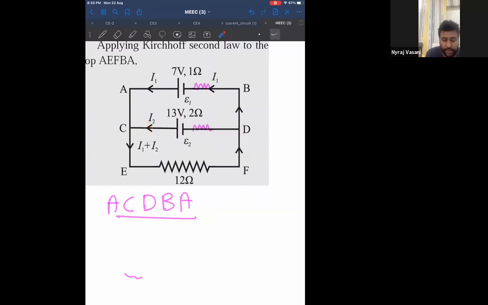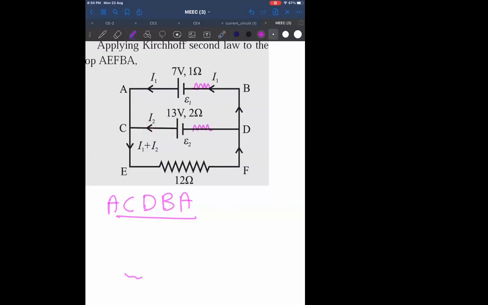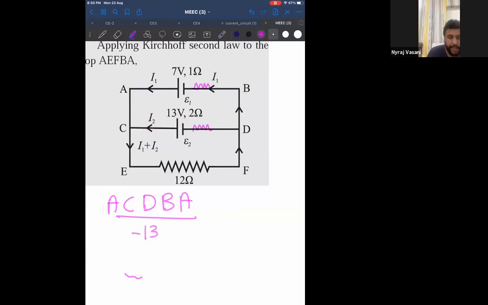I encounter a battery first. Do I encounter the positive terminal or the negative terminal of a battery? Positive. So my answer will be minus 13 first, because if I encounter a positive terminal, I have to put a negative sign. Continue.